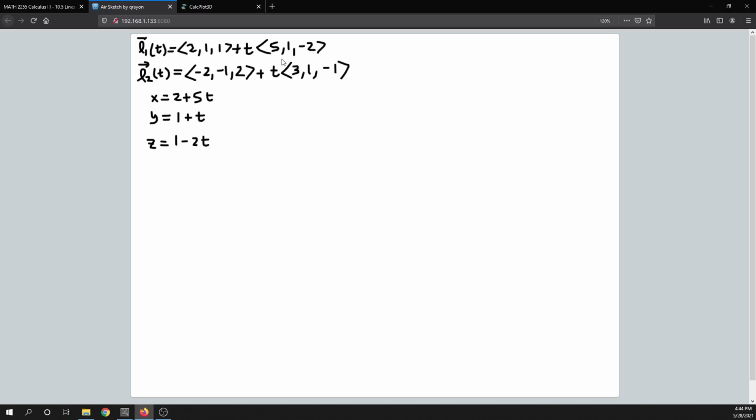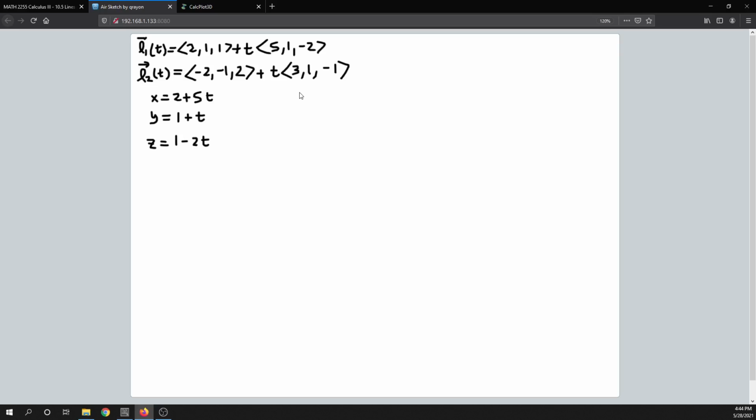And for the other one, we're going to do the same thing. When you're doing this technique that I'm about to show you, though, you can't have both the parameters for lines be t, because when you do that in algebra, then you're asserting that those quantities are equal to each other, which they might not be. And so what you need to do is just use some other letter besides t here.